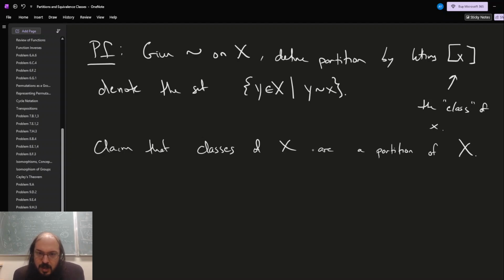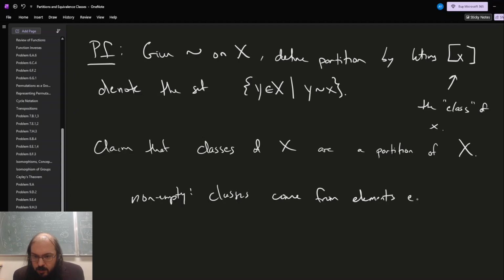Well, non-empty is clear because the classes come from elements, right? Every class contains the element that I'm using to notate the class. There's no way of talking about an equivalence class unless you have an element in mind.